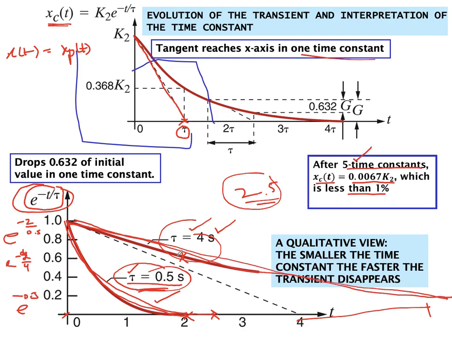So the value of tau actually tells you how quickly the transient will disappear in any circuit. If the time constant is a large value, the transient response or the natural response will die at a much slower rate. But if tau is very small, the transient response will disappear much quicker.